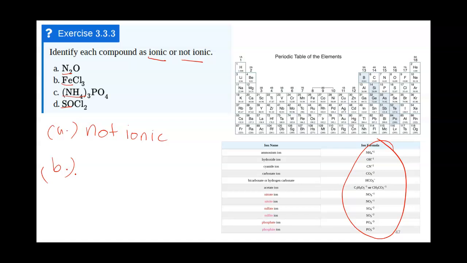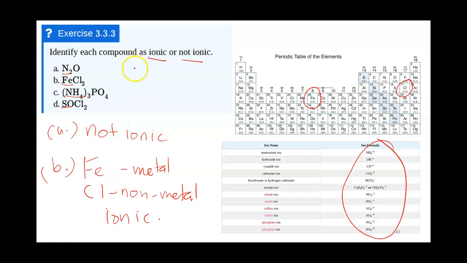Our second formula starts with Fe, and that's a metal, and metals form cations. So it begins with a cation, it then ends with chlorine, and that's a nonmetal, and nonmetals form anions. So that means that this compound, formed between a metal and a nonmetal, must be ionic.